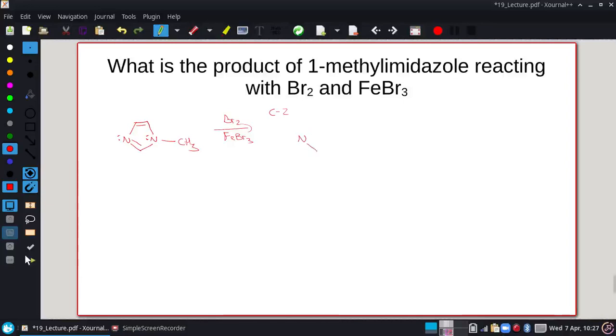So I have my nitrogen, have my methyl, and I'm going to say we go on here with bromine and still have the hydrogen on it. Well, that would break this bond, and that would move the positive up here, and everything else would be exactly the same as it was. Now, I can move this down here and move that positive up.